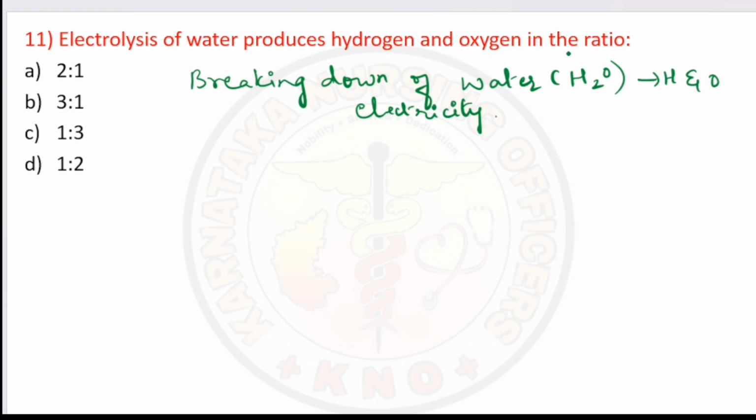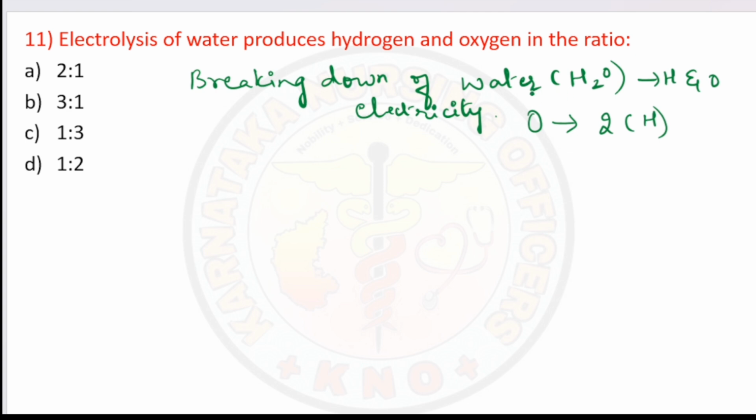So what is the ratio of hydrogen and oxygen? They asked the question as hydrogen and oxygen, not oxygen and hydrogen. In this process, for every single oxygen atom, 2 hydrogen atoms will be broken down. Understood?